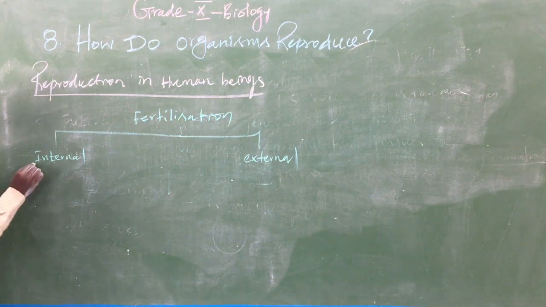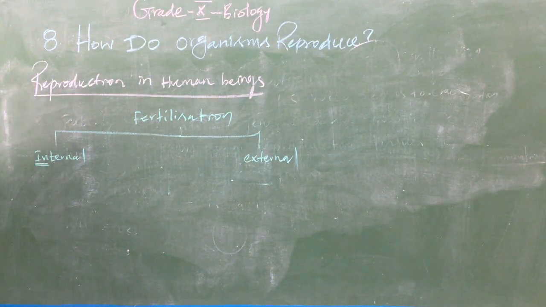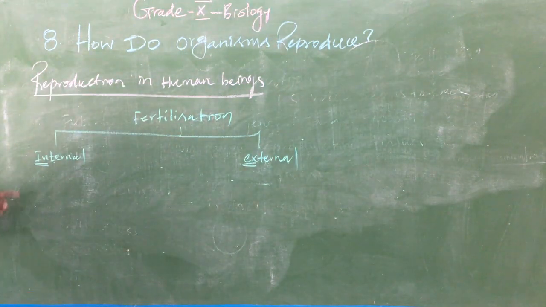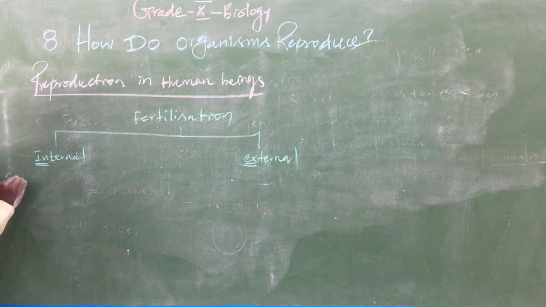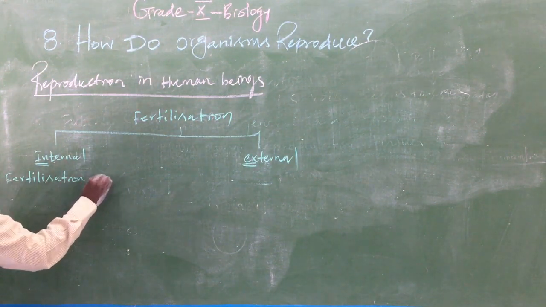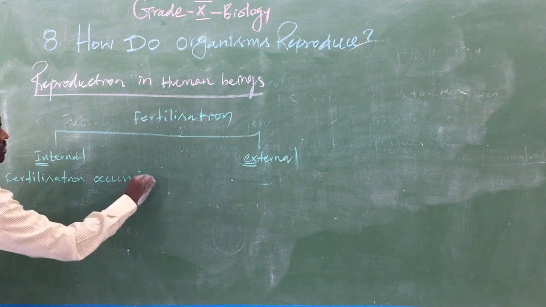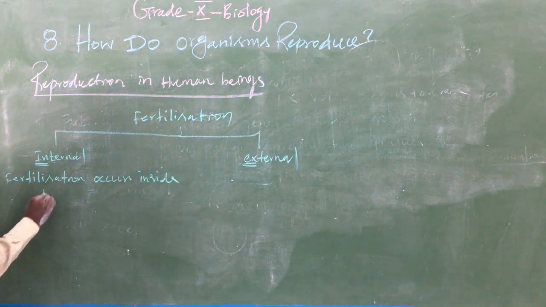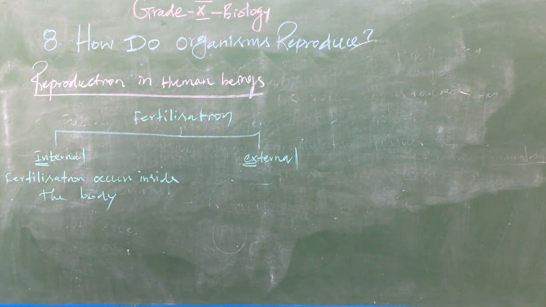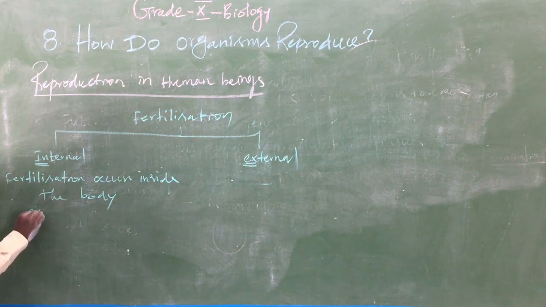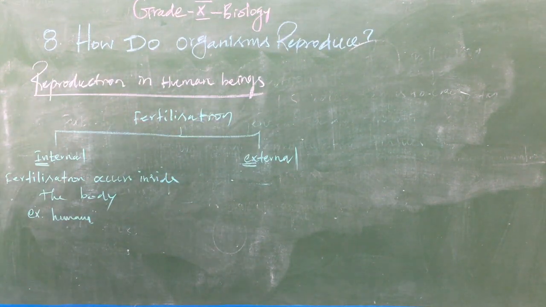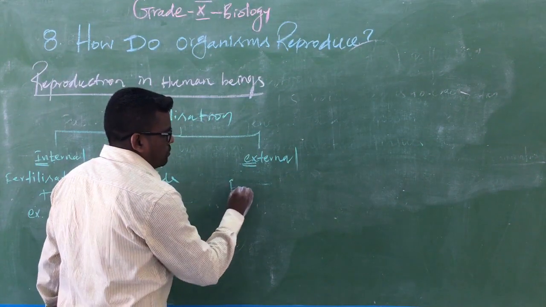What is meant by internal? In means inside, ex means outside. So what is internal fertilization? Fertilization that occurs inside the body is called internal fertilization. Example: human beings. What is external fertilization?